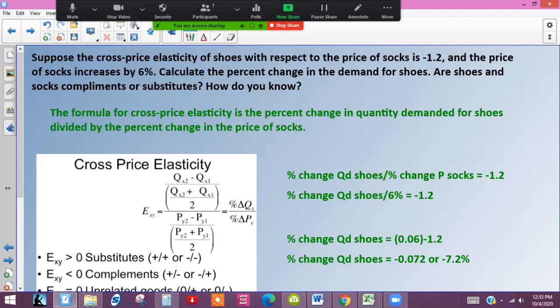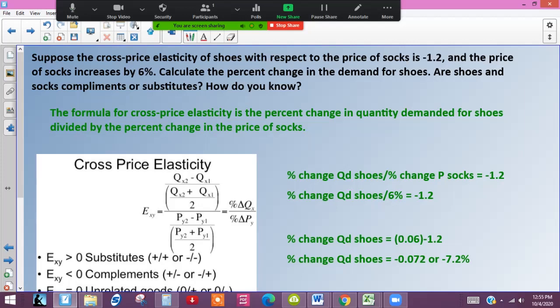Whatever we have for shoes in terms of demand is going to go on top, and whatever we have for the percentage price change in socks is going to go on the bottom. The cause and effect here is that a price change in one good or service is going to cause a change in quantity demanded in the other.